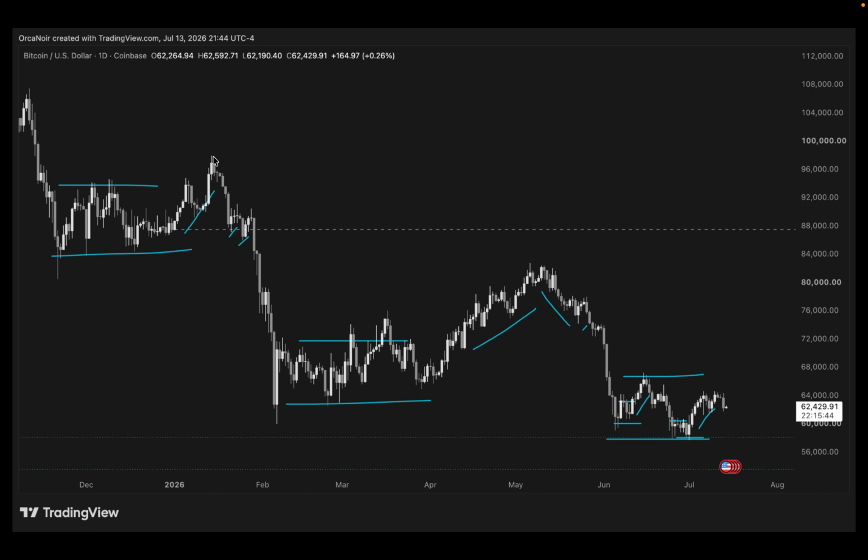After this expansion, we ultimately retrace, right, up to this point, as of mid to late January. It looks like we've kind of just retraced back into the consolidation.